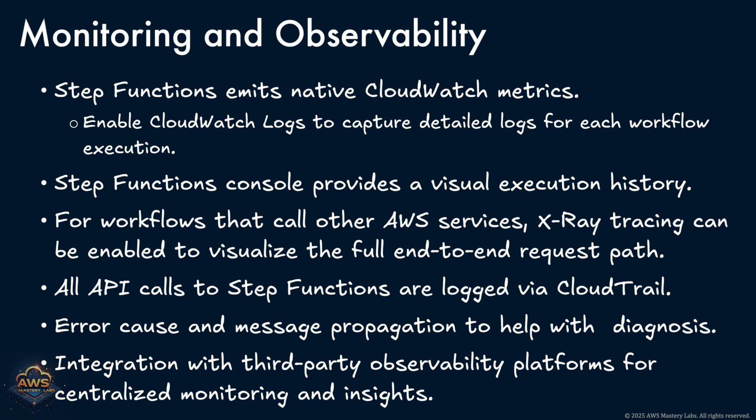This not only aids in debugging, but also allows you to implement intelligent error handling flows that adapt based on the type or source of failure. And for broader observability, Step Functions integrates easily with visualization tools like CloudWatch dashboards, Amazon QuickSight, or even third-party platforms. This makes it easy to build unified operational views across services and stakeholders.